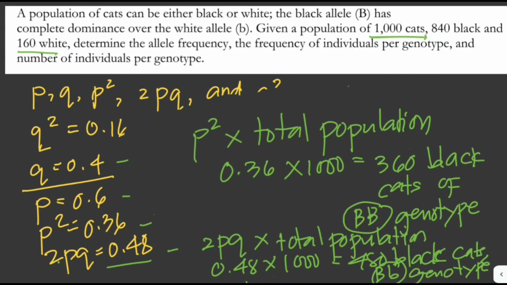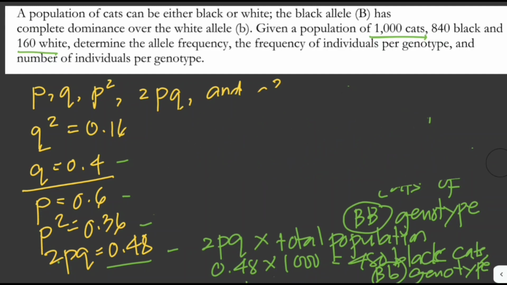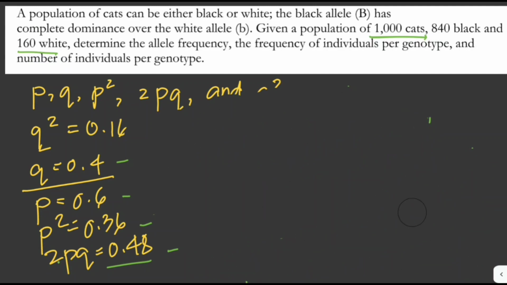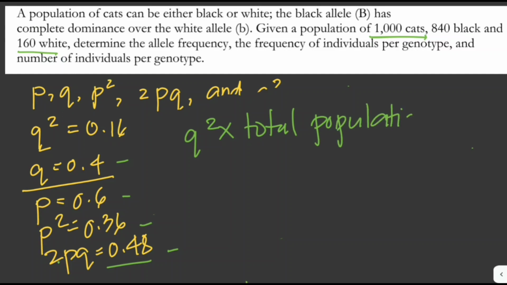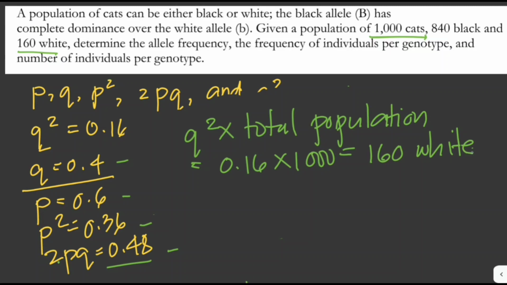Now to solve for the white cat's genotype, we just have to multiply q squared by the total population. So that is q squared times total population. This is just 0.16 times 1000, which is 160 white cats, double small b genotype.